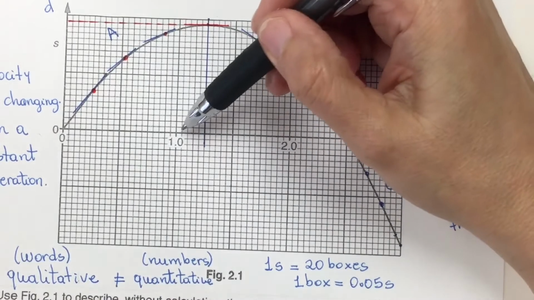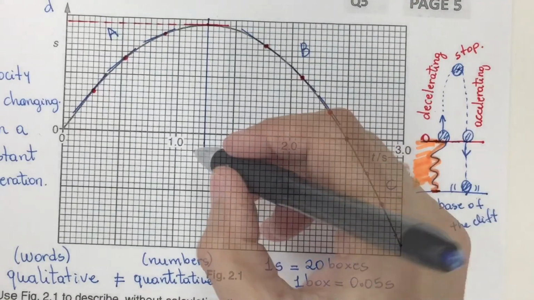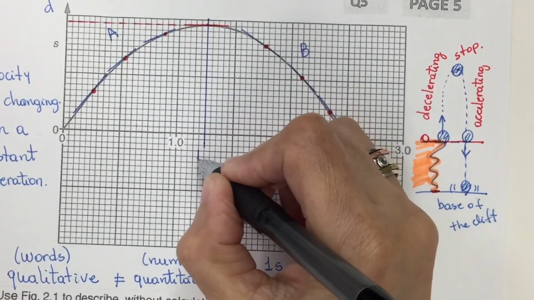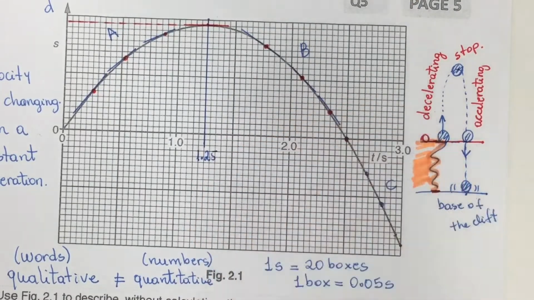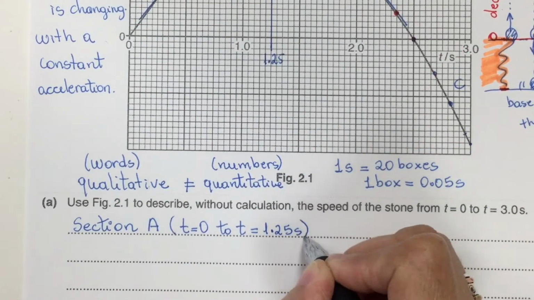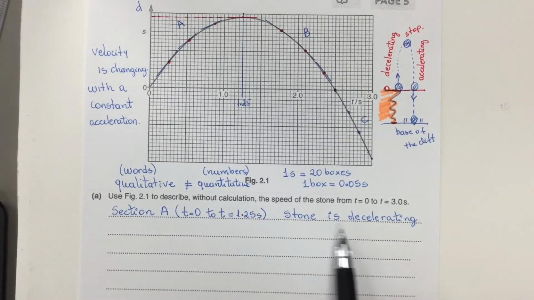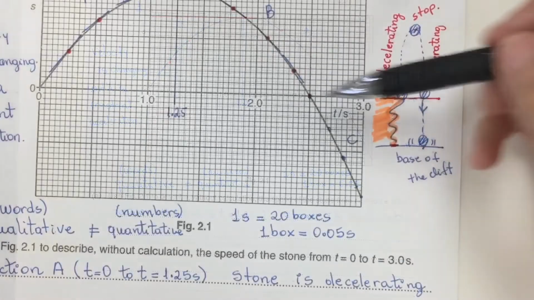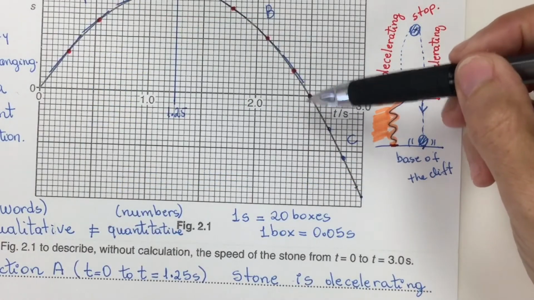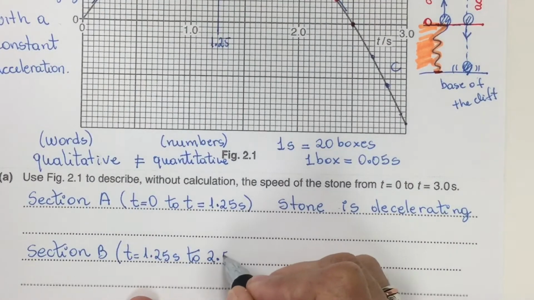So here I have 1, 2, 3, 4, 5. So right here is 1.25 seconds. So section A, from 0 to 1.25 seconds, the stone is decelerating. Okay, so between 3 and 2, here is the middle, this is 2.5.